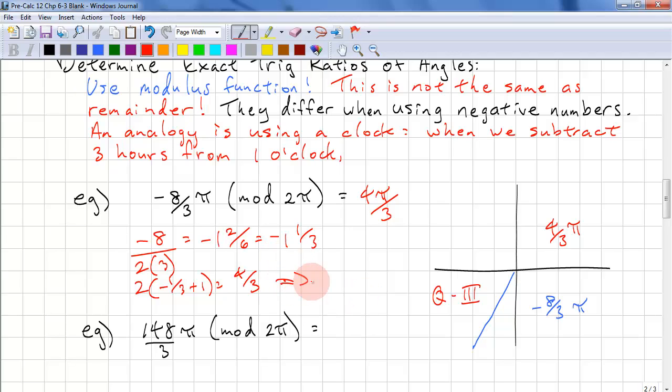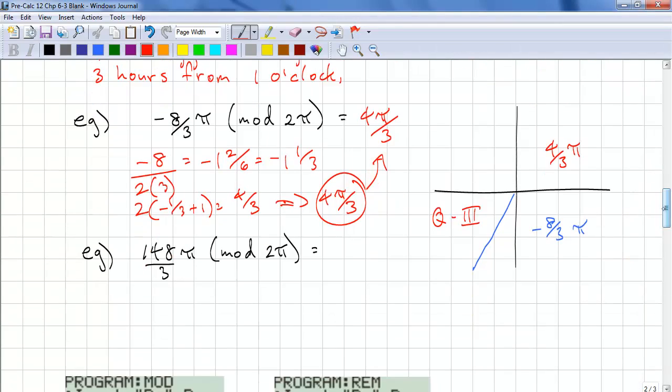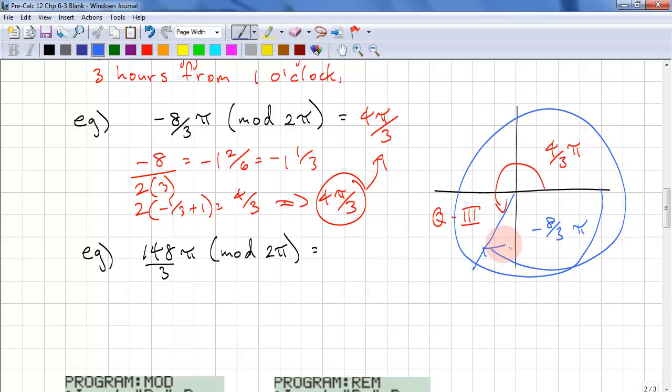So this becomes 4 pi over 3. So we leave the pi out of this temporary calculation. Okay, and you might be able to figure out that negative 8 pi over 3 is 4 pi over 3. It actually goes all the way around and to there.